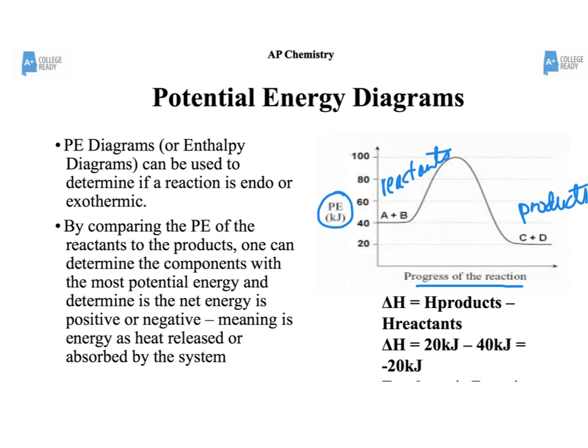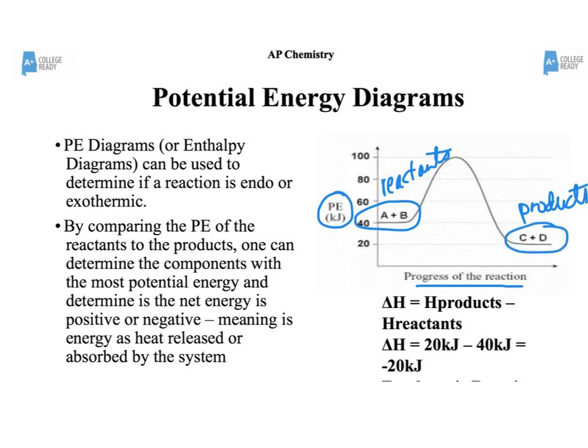So when we're looking at a graph like this, we're going to have to determine and possibly calculate if the reaction is endo or exothermic, and then what the sign and the value of the delta H is. Here's what we know. We know the level on the graph of where the reactants are. They are at 40. And we know the level on the graph where the products are. They are at 20.